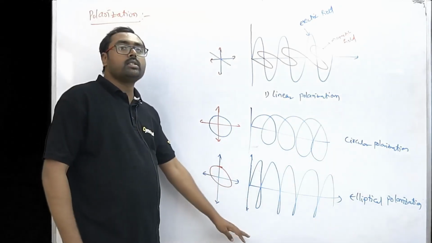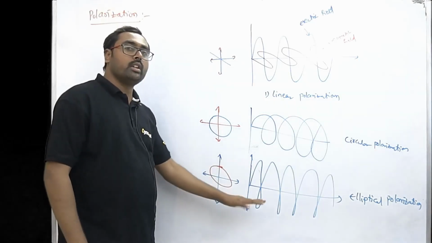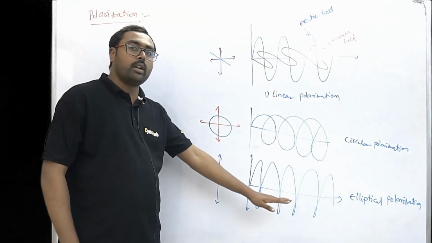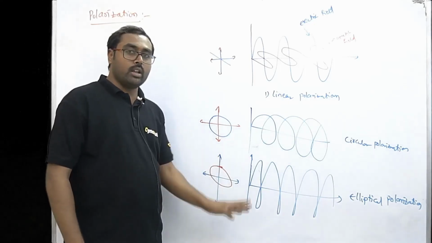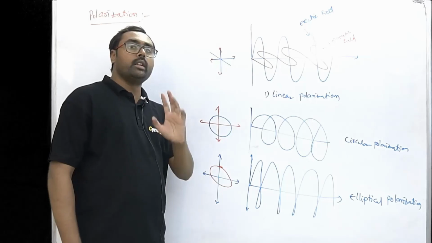To find the polarization in any direction or movement, elliptical polarization is very important. In it, the magnitudes of the E and H components are unequal, with a 90 degrees phase shift.